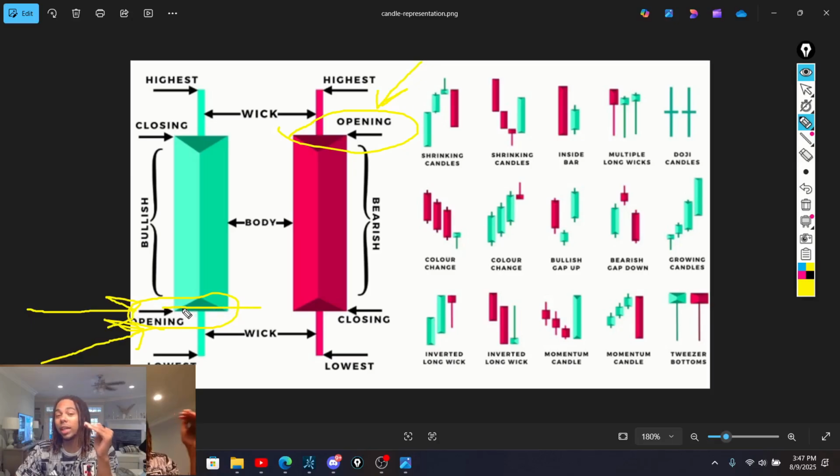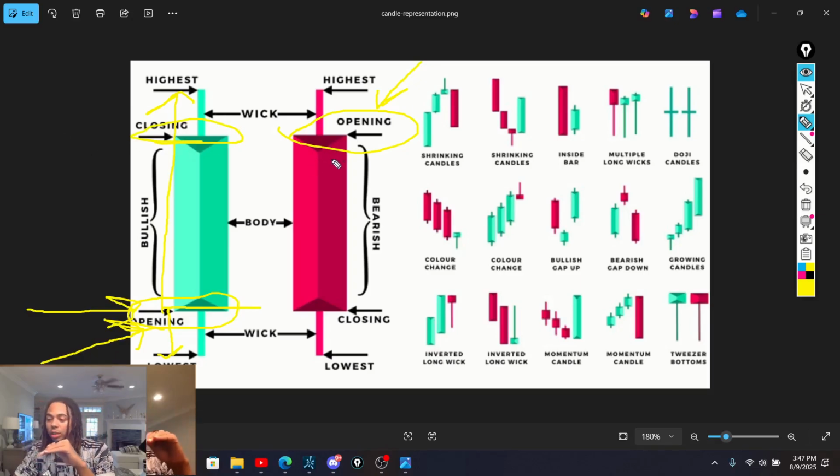And at some point in time, that price got all the way down here. And then at some point in time, it went all the way up there. But then at the closing time for that 1 minute, 5 minute, 10 minute, whatever, or day, it stopped here.